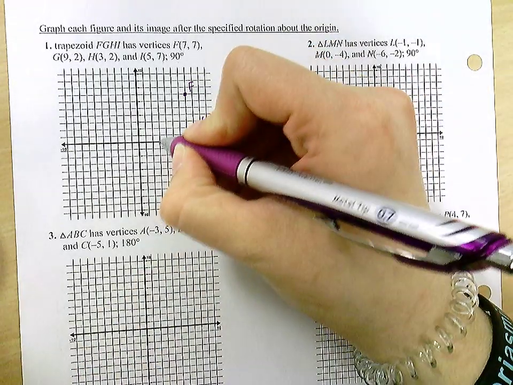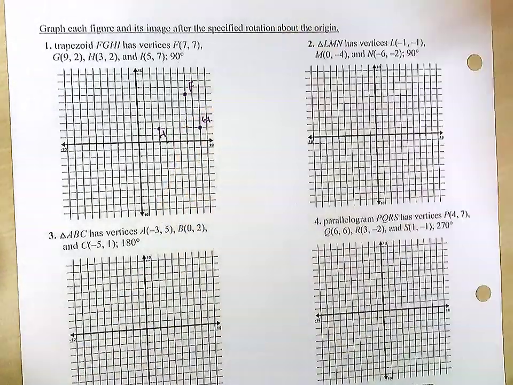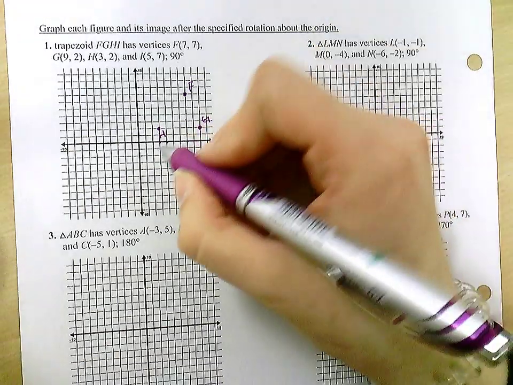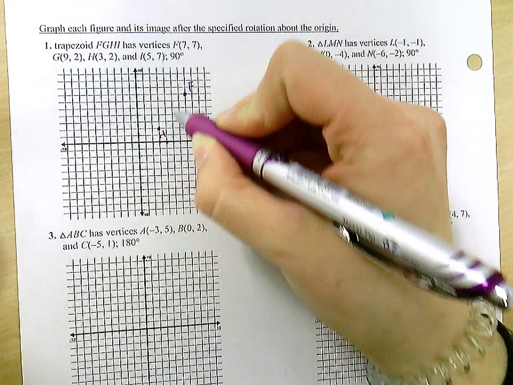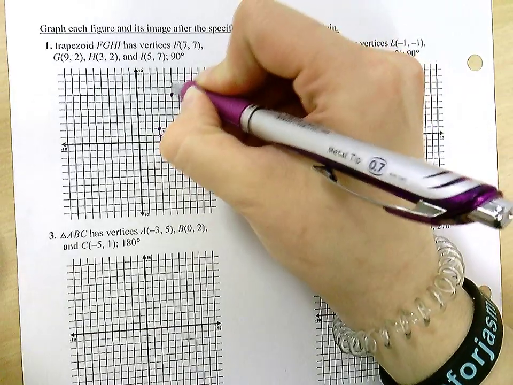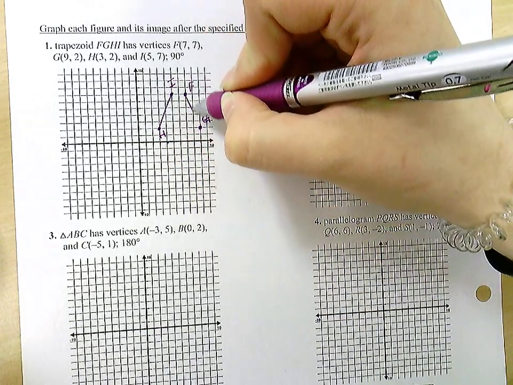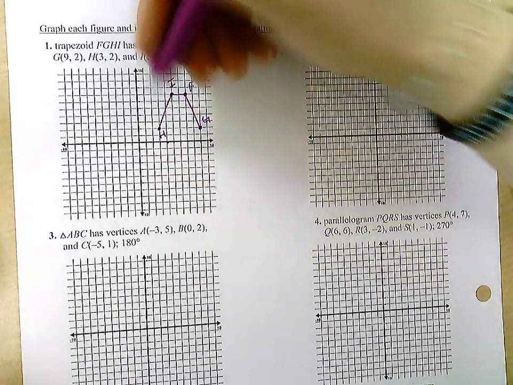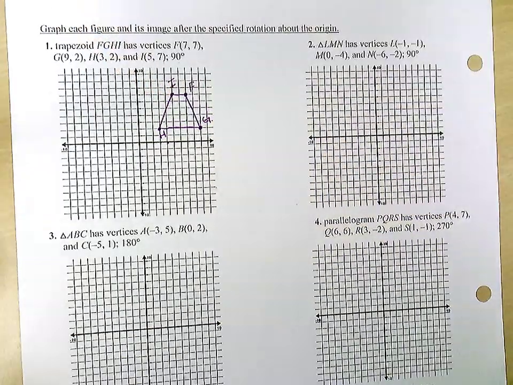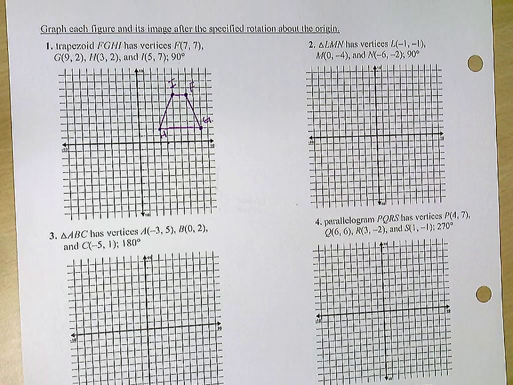H is at 3, 2. And I is at 5, 7. So it does create that trapezoid shape there after you plot all of your points.